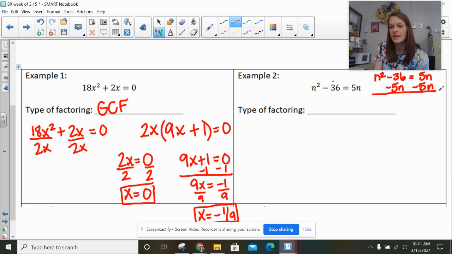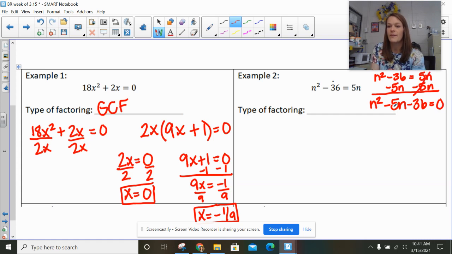But I cannot subtract 36 and 5n because the 5 has an n. So I'm going to rewrite it like this. The 5n goes in the middle because that's just your standard form for a quadratic. The 36 will be at the end, and then those will cancel out and give you a 0.